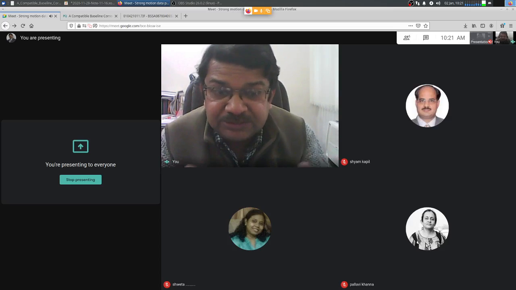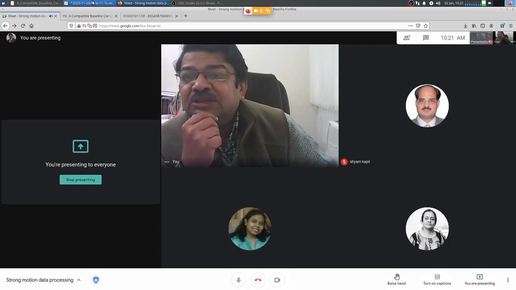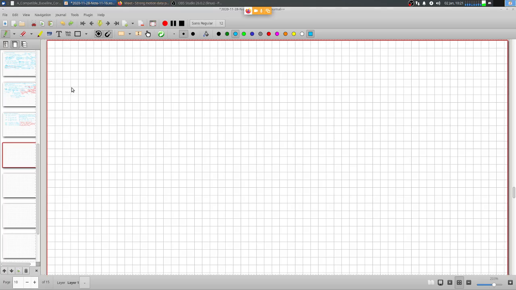I mean, a continuous trace is also not a dead line. Your continuous trace will look like something like this, and suddenly it would start building up and look something like this. So obviously somewhere here the earthquake begins, and this looks very different from the background record that you have.